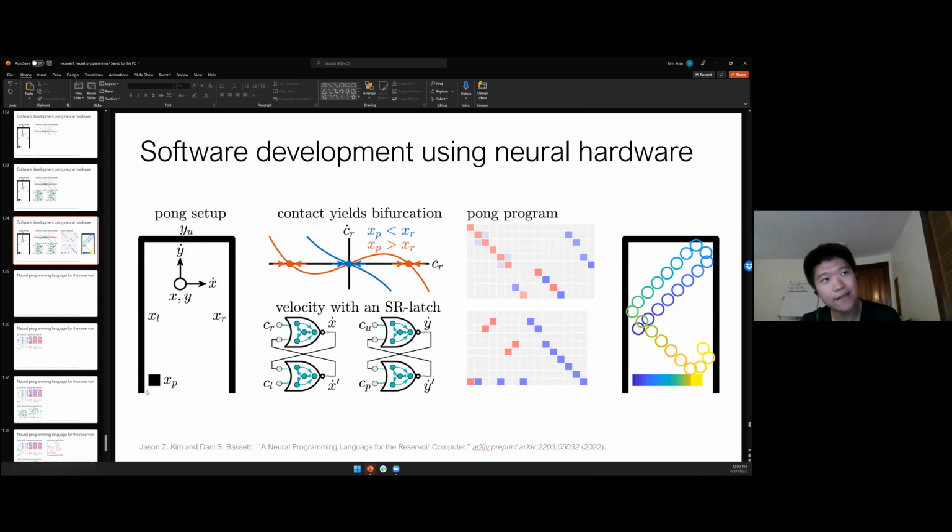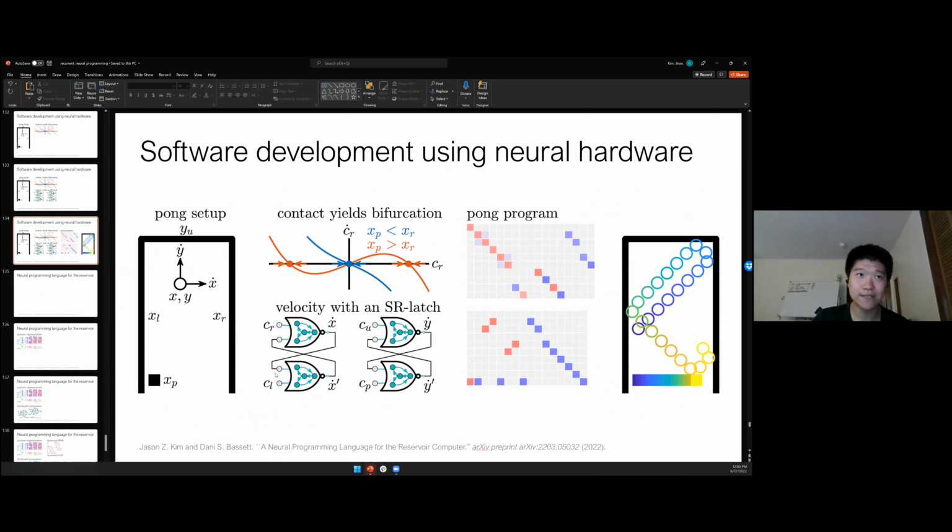The way that contact detection with the wall, contact detection with the paddle, these kinds of things are implemented aren't through if statements. They're done, and then the movement of the ball, so on and so forth, they're all done through dynamical equations, right?